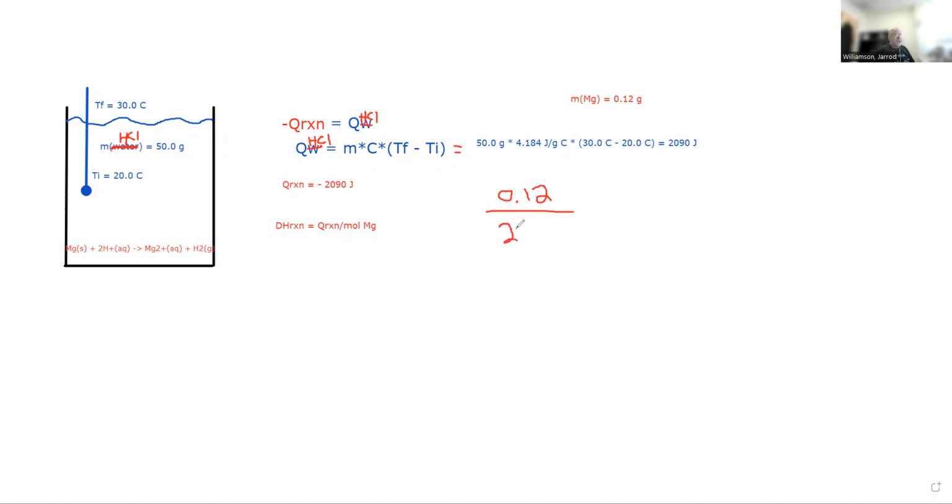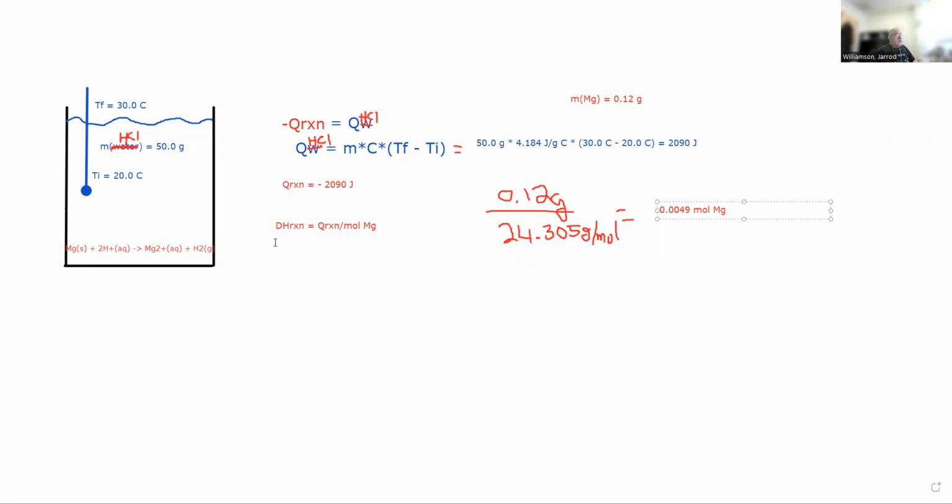Divided by the molar mass, which is 24.305 grams per mole, right? So I'm going to go 0.12 divided by 24.305. That's going to give me 0.0049 moles of magnesium.